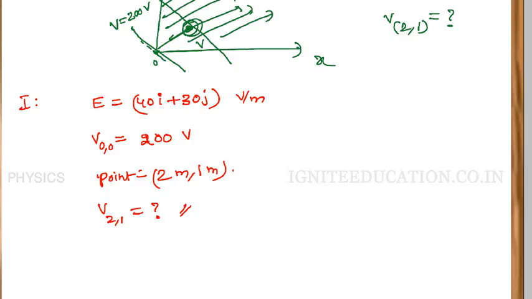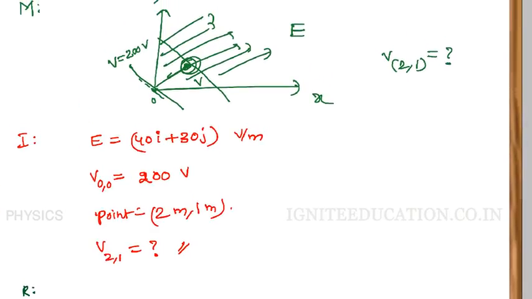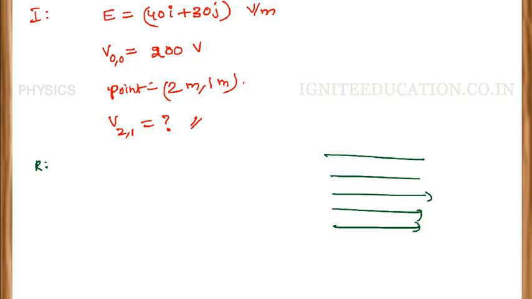Now I'll move to the resolving part. So while resolving, listen carefully. This is a parallel field. Whenever a parallel field exists, the plane through which the field is passing is considered an equipotential plane. That means whatever the point on the plane, the potential is the same.